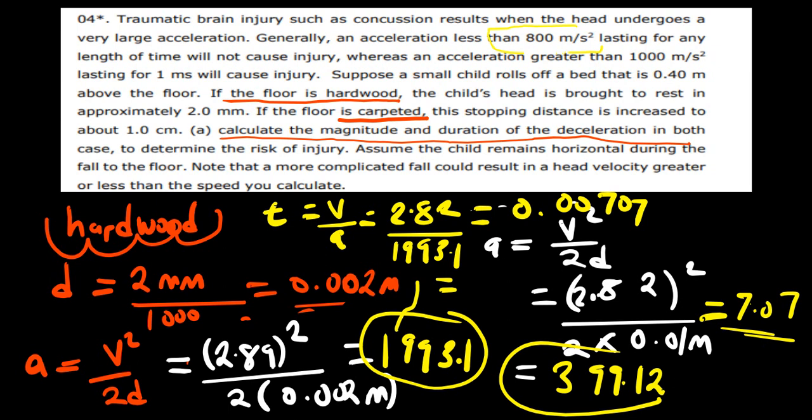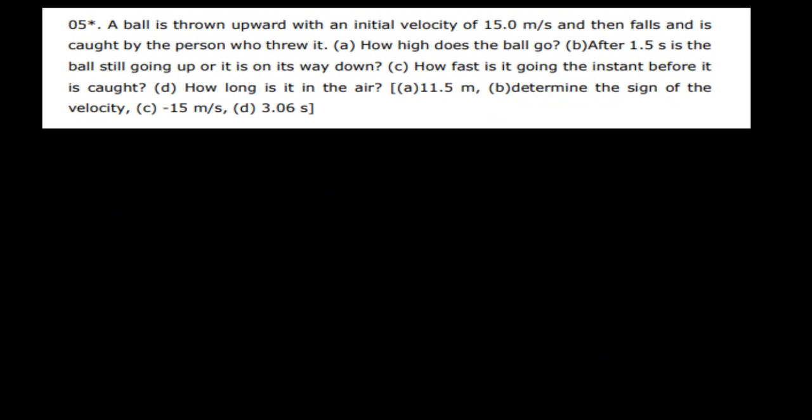So that 1000 is significantly higher, very far from even 800. This will indicate there's a higher risk for this person to be injured when they fall down. But the risk could be much higher on wood than on the carpet. So that's what you need to understand on this question.